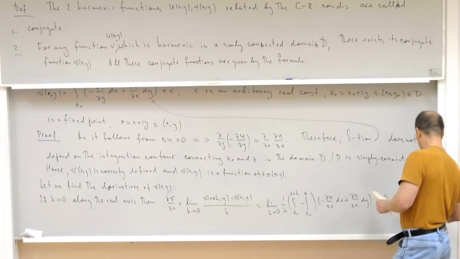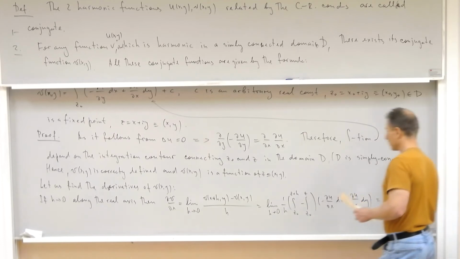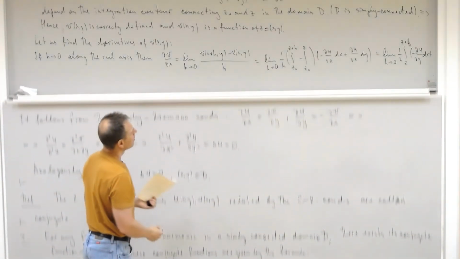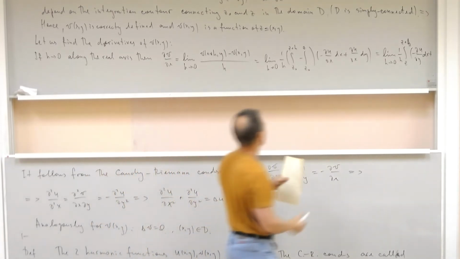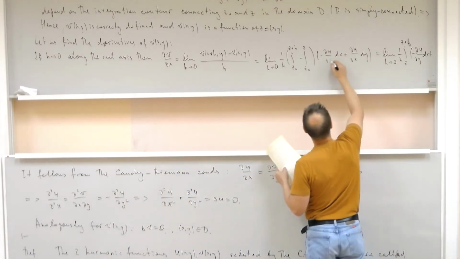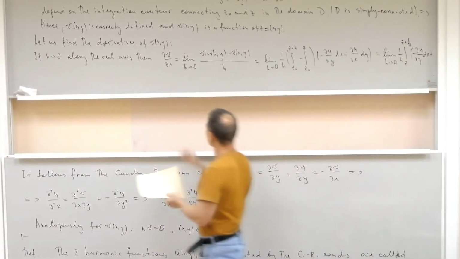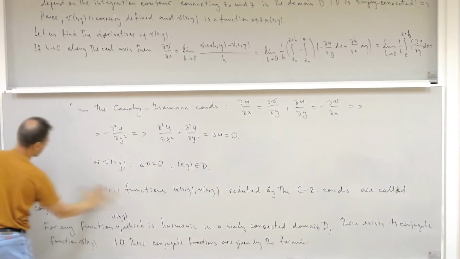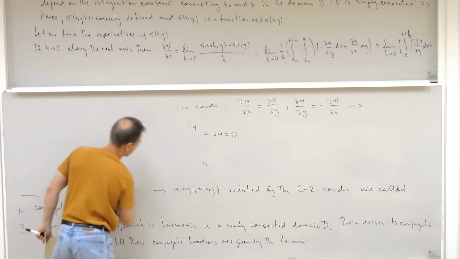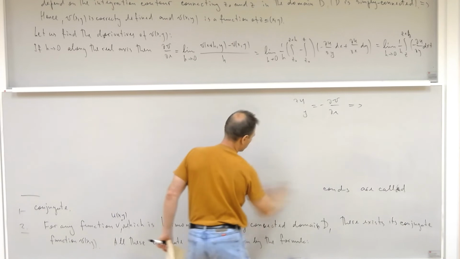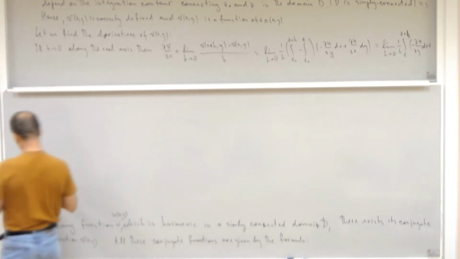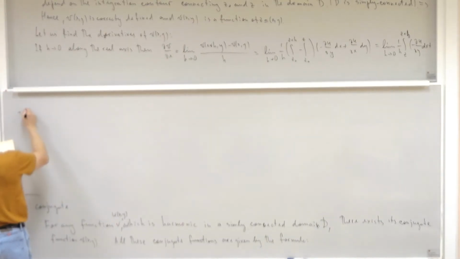Then we use the properties of the integral, and we can join these two integrals and obtain the difference, minus the partial derivative with respect to y.